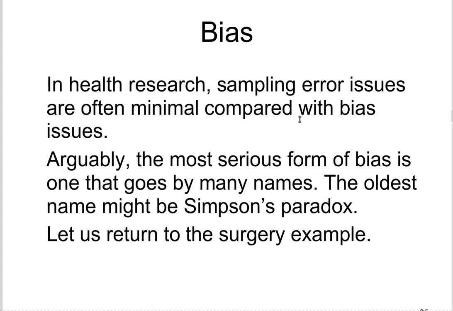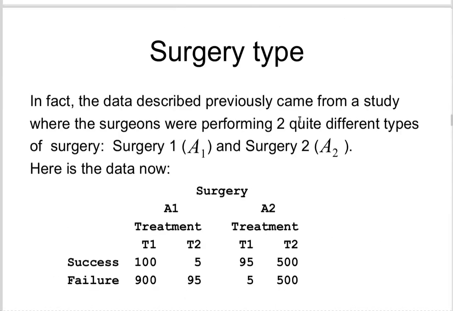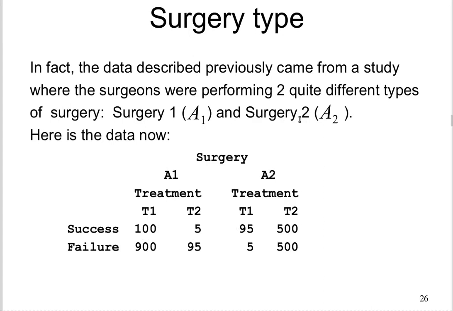So let's now return to the surgery example again and make life more complicated. So what I started with for you was an outcome, success, failure, an exposure that was pretreatment 1 or pretreatment 2, and now we're going to add an additional variable. And that is the type of surgery that the patient received.